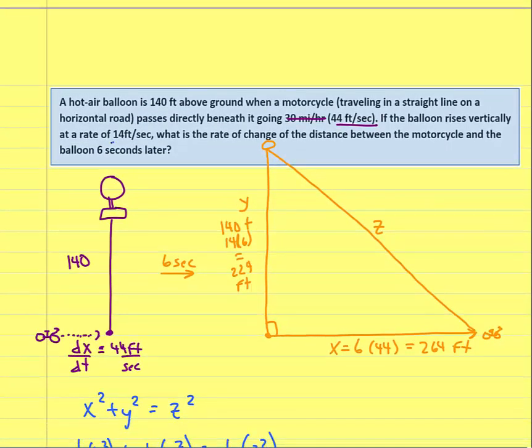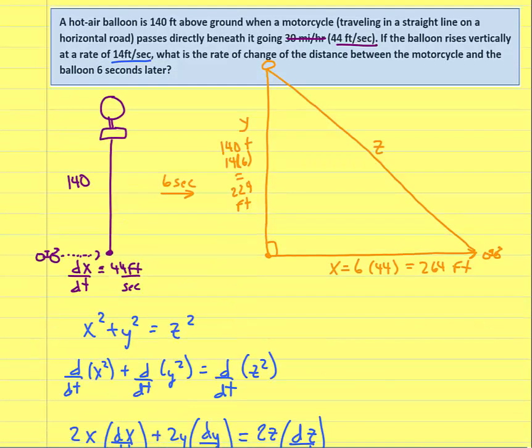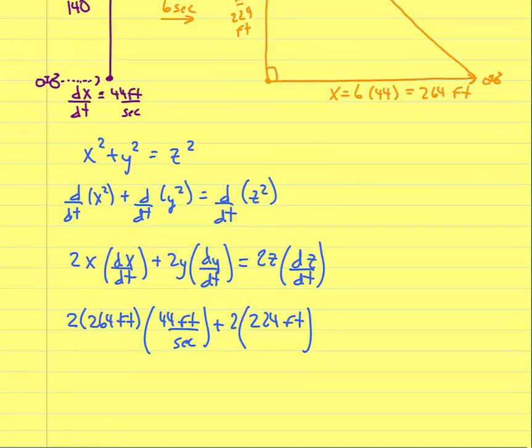Yep, 14 feet per second. So this is dy/dt, that is 14 feet per second, equals 2 times z, and then this dz/dt is what I'm actually trying to find, but I don't know what z is.